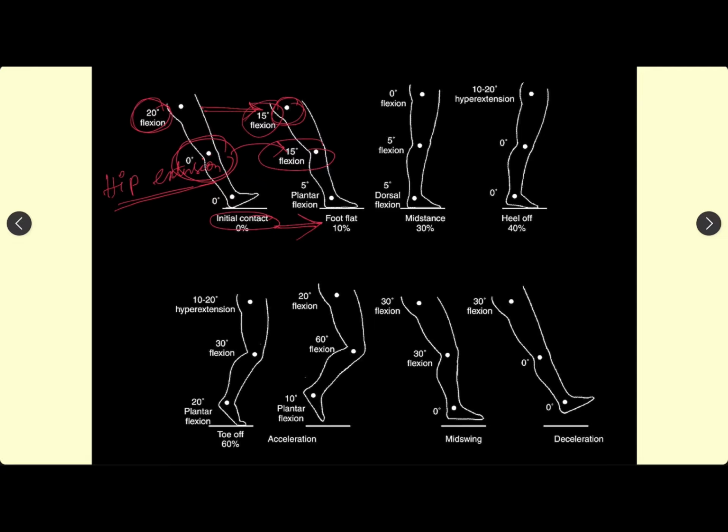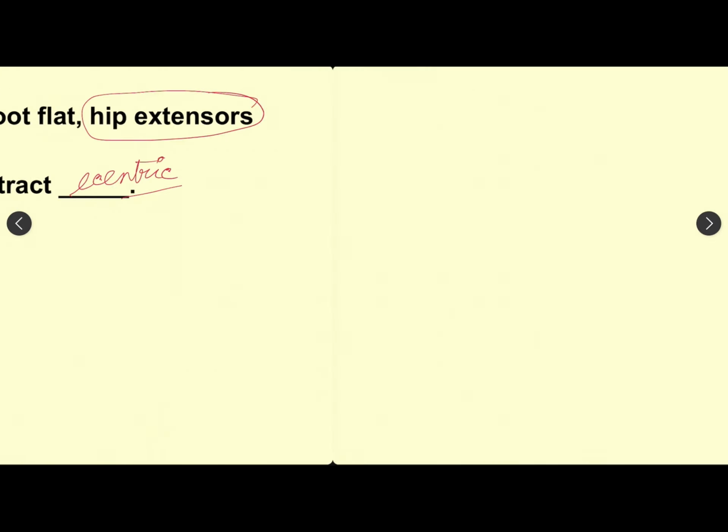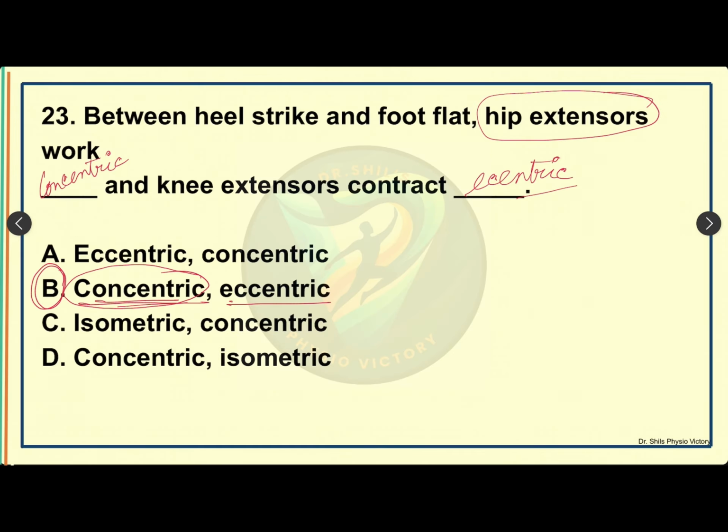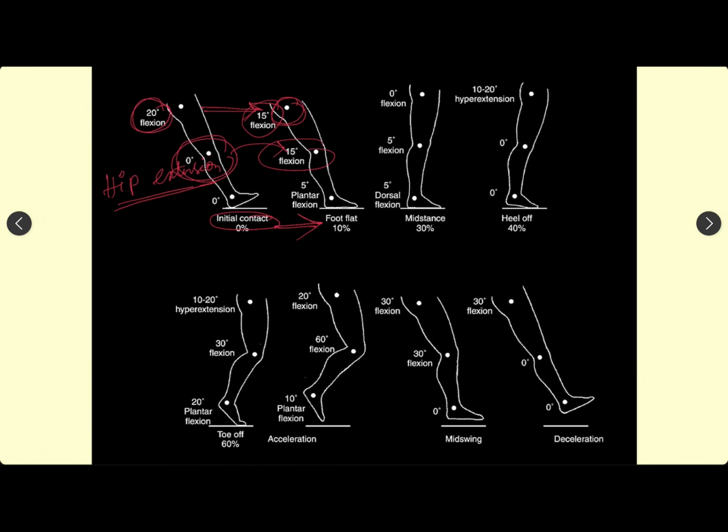So knee flexion occurs with eccentric contraction of the knee extensor.